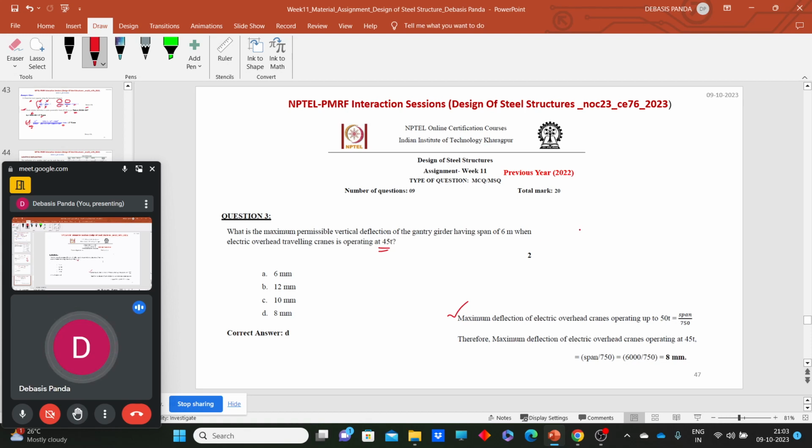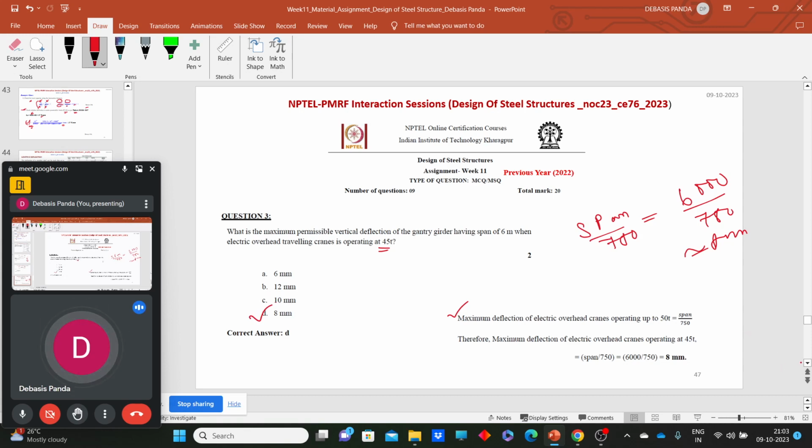So this is nothing but span upon 750. For 45T and for 50T, the span is given as 6 meter, so 6000 divided by 750 comes to nearly 8 mm. So 8 mm will be the right answer.